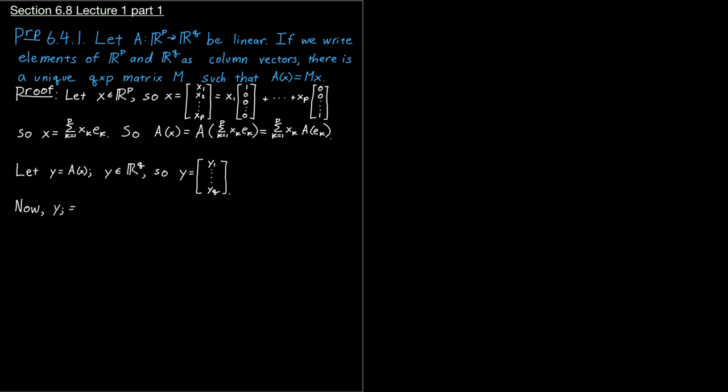Yj is the inner product of Y with dj, where dj is a column vector, a bunch of zeros, a 1, a bunch more zeros.